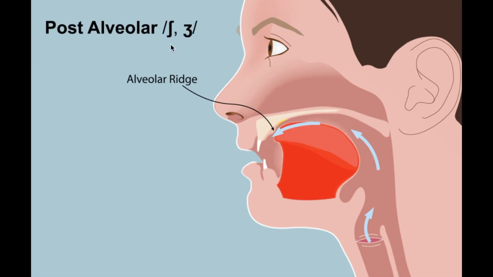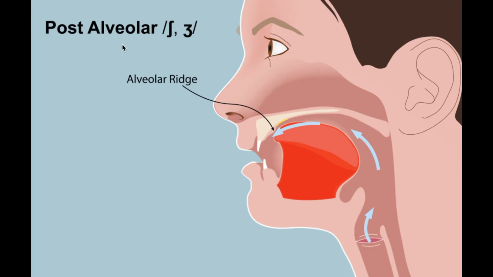So for the SH sound, as you can see, the title this time is post-alveolar, and that's basically because the point of articulation is slightly further inside the mouth or the oral cavity, and the tongue has retracted inwards slightly. The tip of the tongue is facing downwards, and it's rather the blade that's in contact with this area here just behind the alveolar ridge.